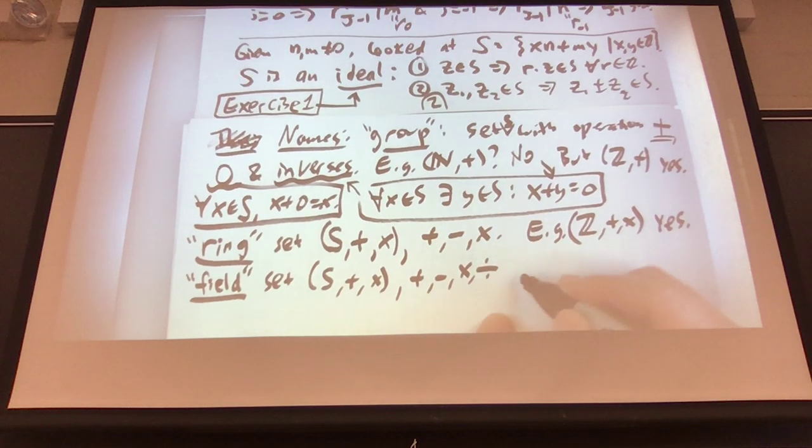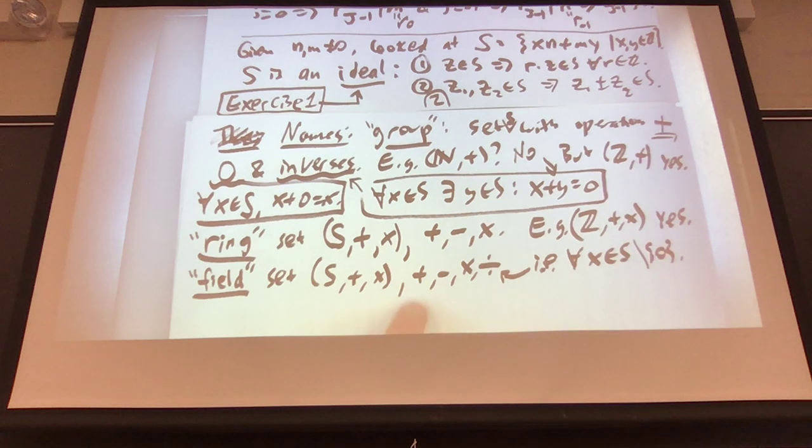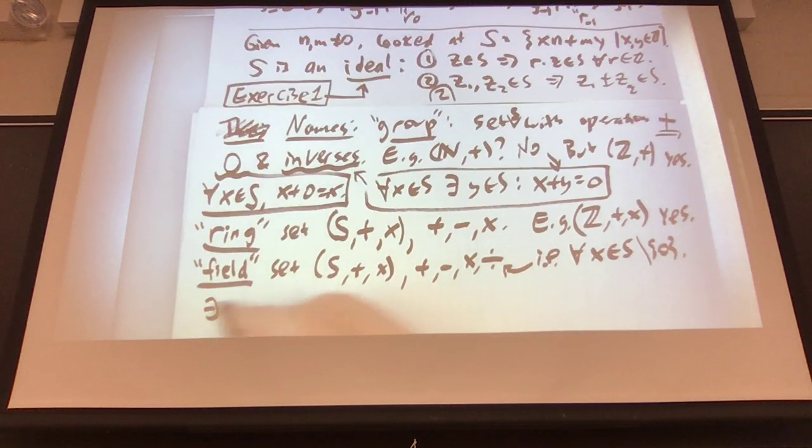In other words, what do I mean by this last one? I.e., for every element x of S, except the identity element of addition, whatever that may be, there exists an element y in S, so that when you multiply them together, x times y, you get the identity element of multiplication.